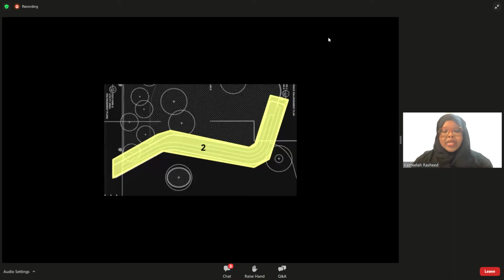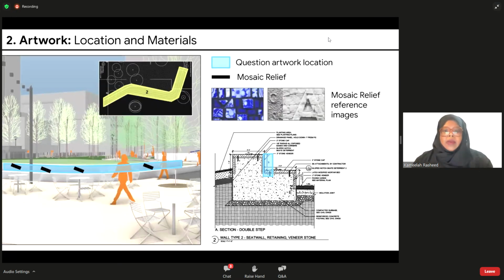Next, there's this undulating seated step area. With that being said, there's a bunch of notes to make about the actual makeup of the space. As you'll see in this more detailed schematic image here, it's a seated area that has a bit of a recess in there, just for drainage and other purposes.